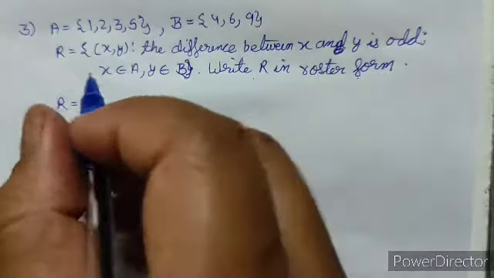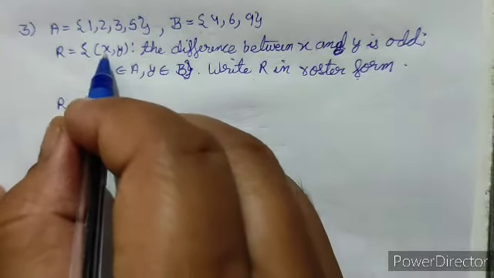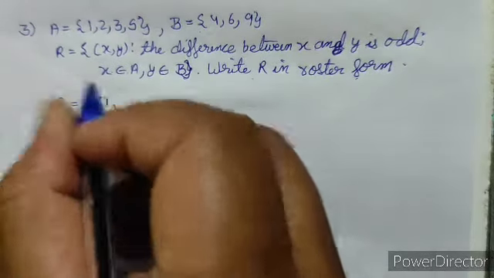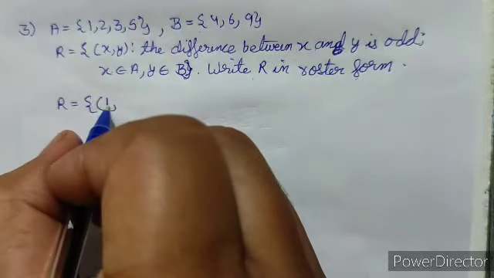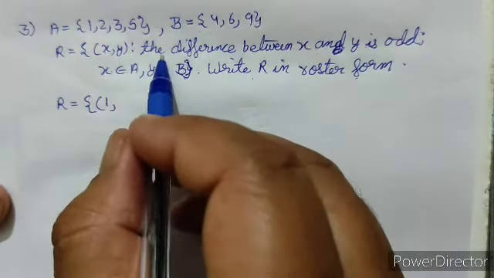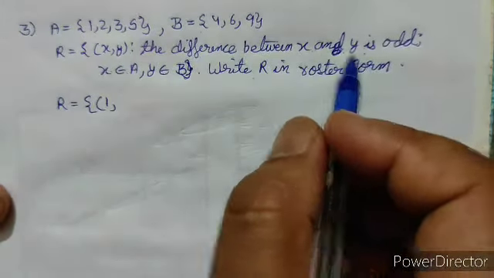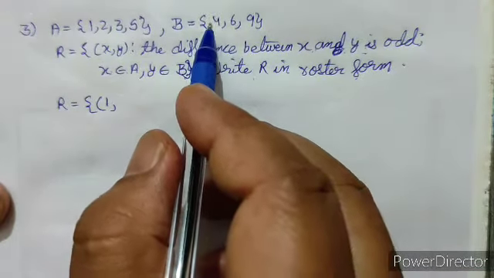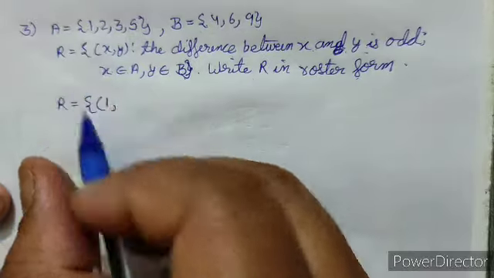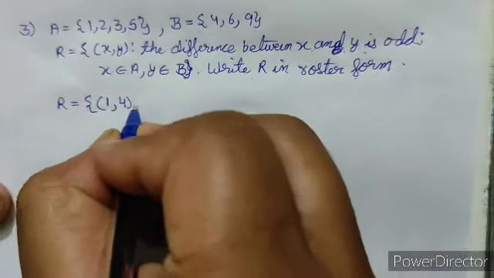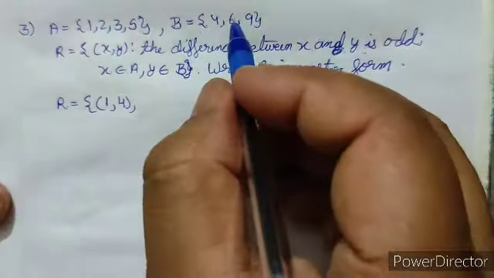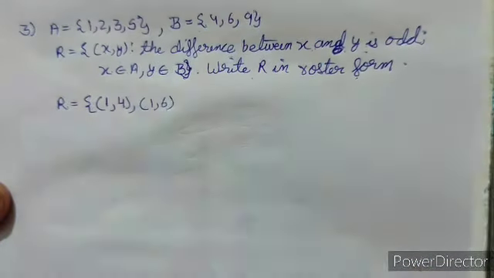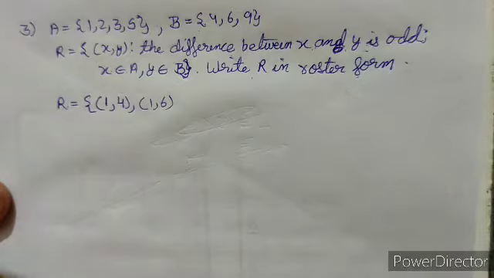Now here the first element, that is x, is from set A. So if you take the first element of A, that is 1, then he is saying the difference between x and y should be odd and y should be from set B. Now 4 minus 1 will be odd, that means (1, 4) will be an element of the relation. 6 minus 1 is also odd, that will also be an element of the relation.